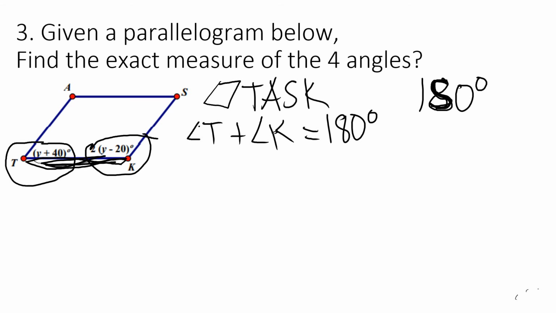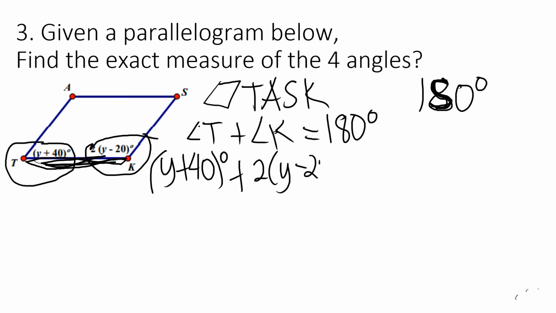So what is the value for angle T? That is y plus 40 degrees, plus angle K, which is 2 times y minus 20 degrees, equals 180 degrees. So let's follow PEMDAS.